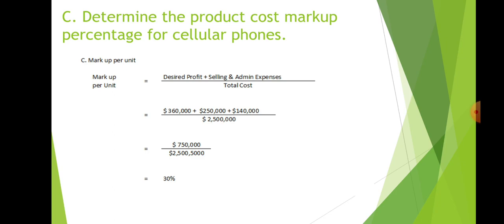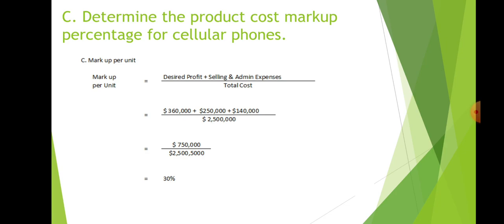Plus, we add the fixed selling and administrative expenses, which is $140,000. To sum it up, it would be 750 over the total cost of 2,500,000. Guys, there is a typographical error in the 5, please delete it. The answer to this is 0.3 or 30%.